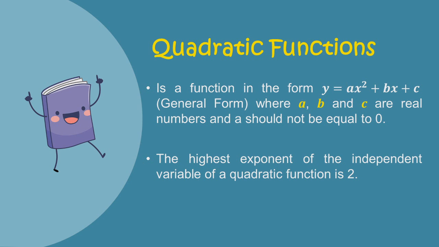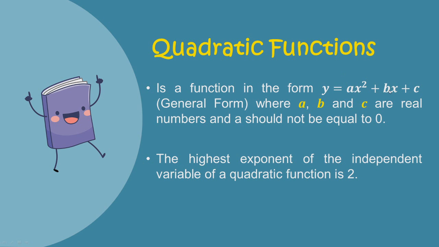Pero, ang kaibahan ng quadratic equation sa quadratic function ay one side of the quadratic equation is fixed to be equal to 0. While the quadratic function naman, meron tayong value ng y na tinatawag nating dependent variable. Bakit dependent? Kasi, makukuha lang natin ang value ng y kapag nag-assign tayo ng value ng x.